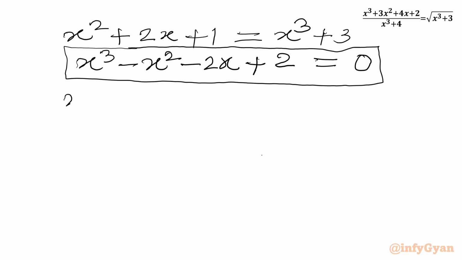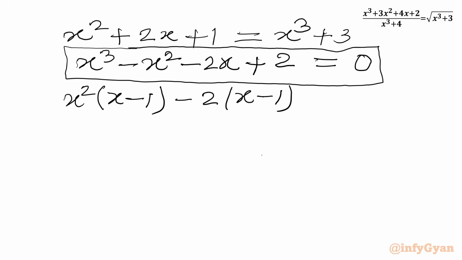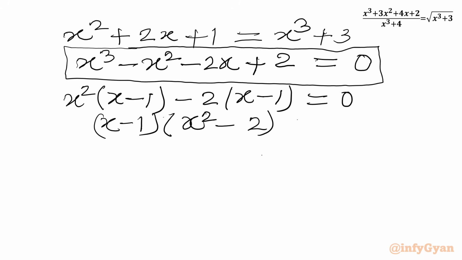So we can take x square common from first two terms. We will get x minus 1 in the bracket. From next two terms it is minus 2 common. We will get x minus 1 in the bracket equal to 0. Now x minus 1 is overall common. So in our other bracket we will write x square minus 2 equal to 0.